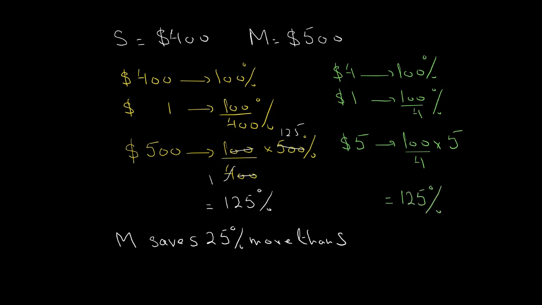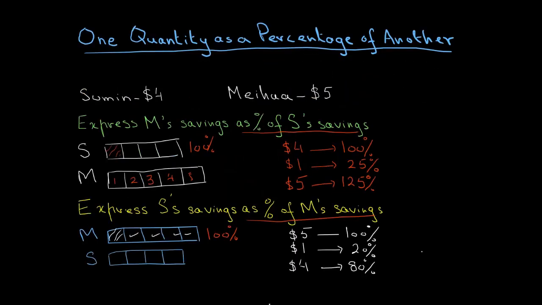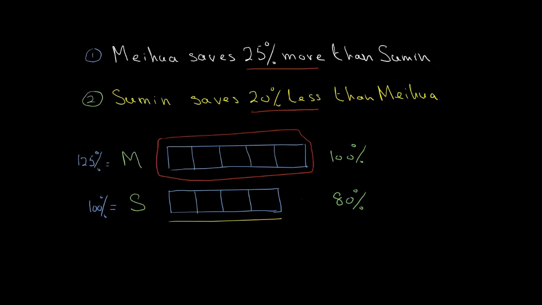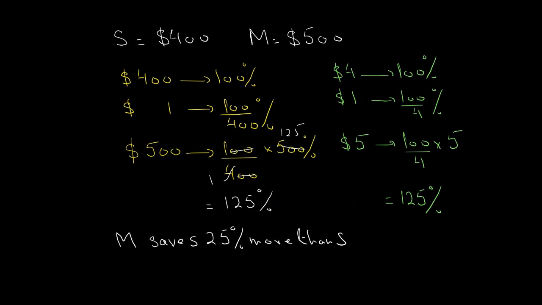So this whole calculation mimics each other. I just wanted to clarify, and I actually wanted you to see the small squares, with each square being worth $1. So that's why I took an example with $4 and $5, but you can work out this problem with $400 and $500. Okay.